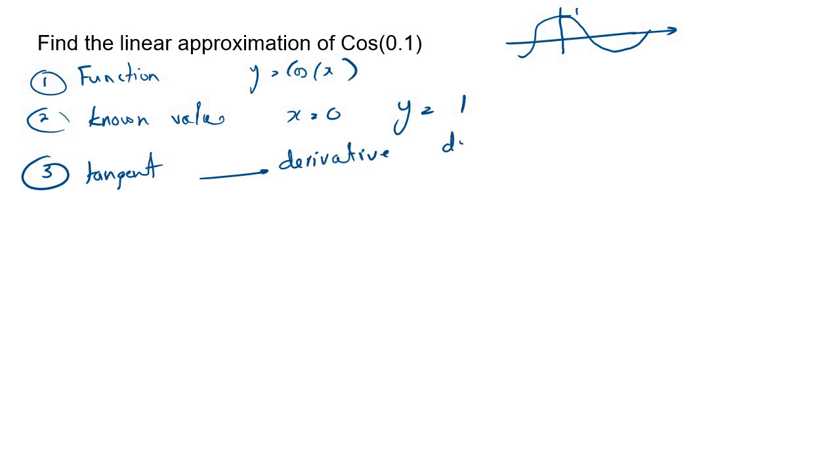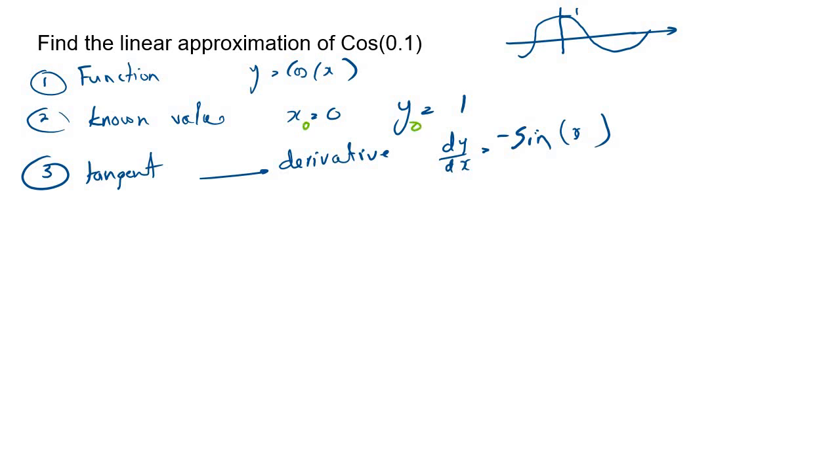So dy over dx is, we know the derivative of cos x is minus sin x. I'll write the sign properly. So next we need the gradient at x0. So we will call this x0, y0.